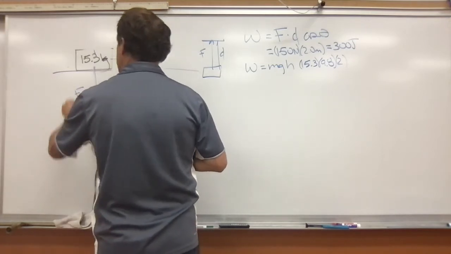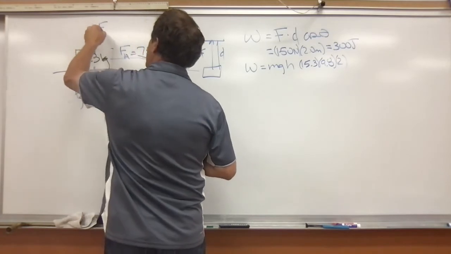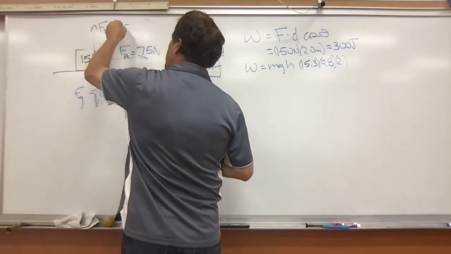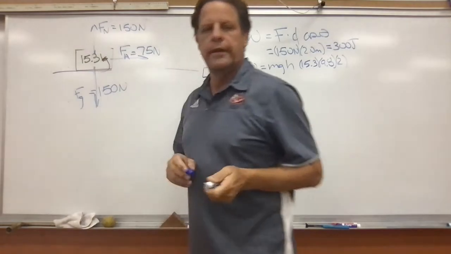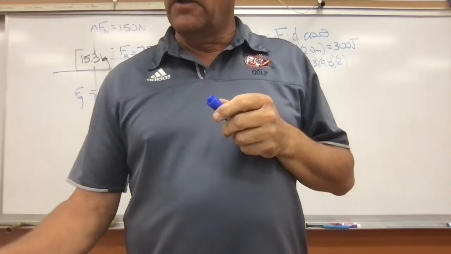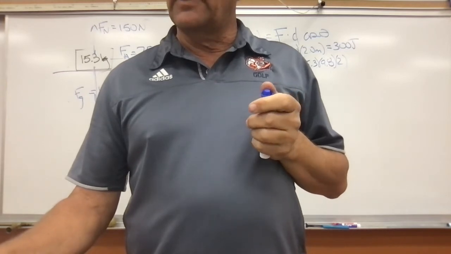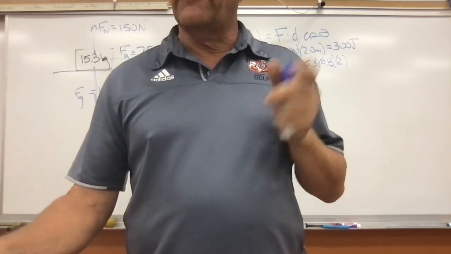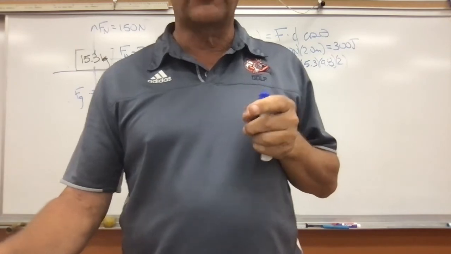That is equal to its force of gravity. Its force normal will equal 150 newtons. And the question is, if it's going to move for a distance of 5 meters with the coefficient of friction of 0.